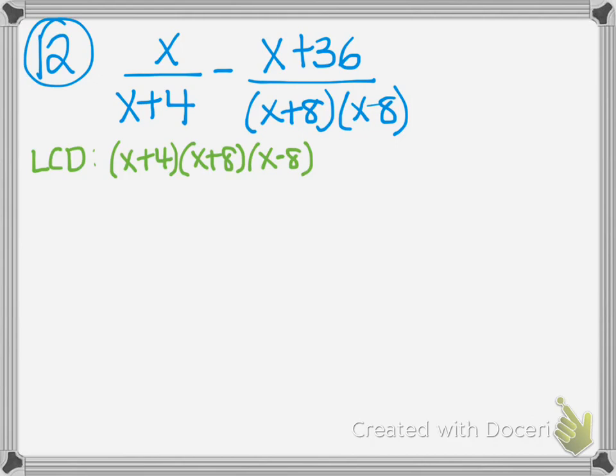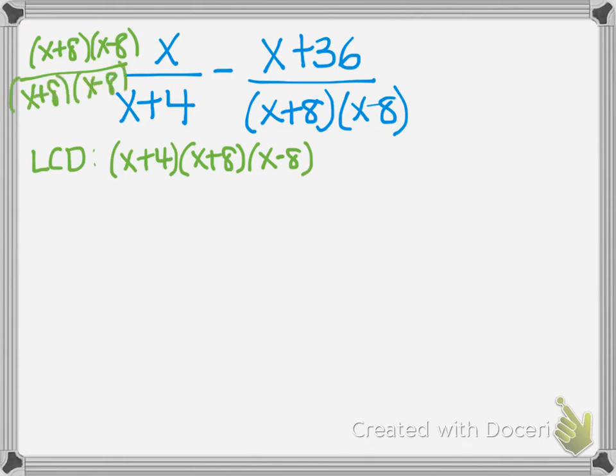Again, you go through the problem and you ask yourself, what does the left side not have? Well, x plus 8, x minus 8. And on the right, this doesn't have the x plus 4.